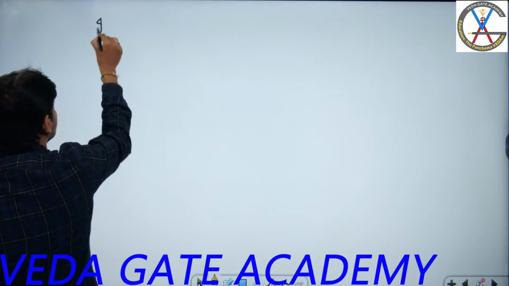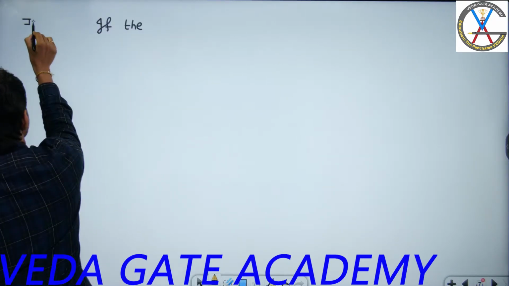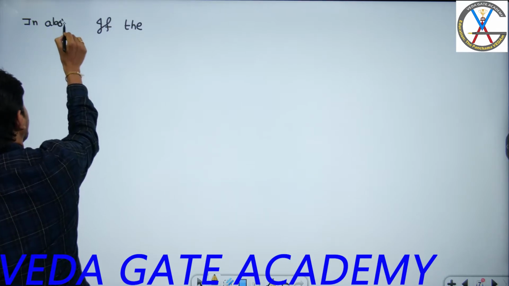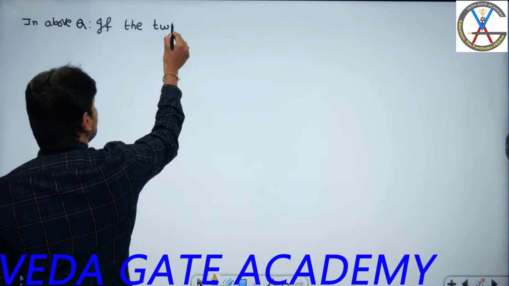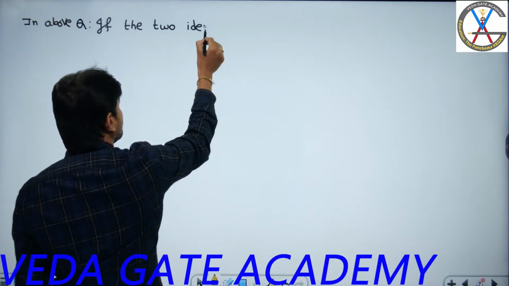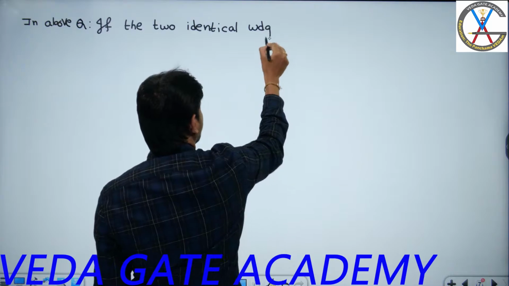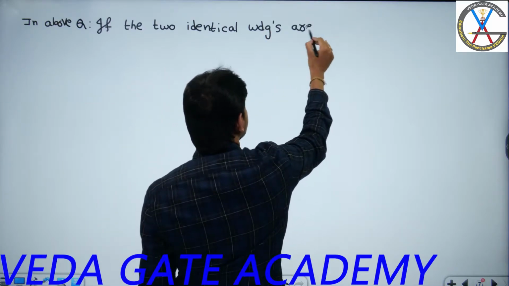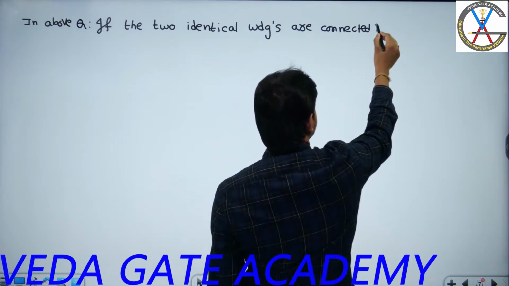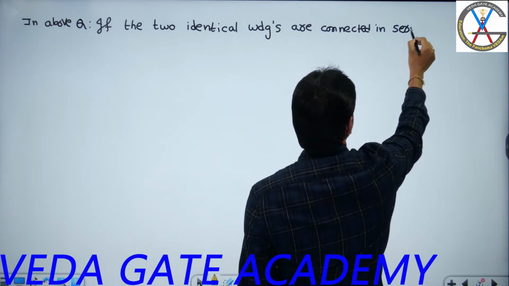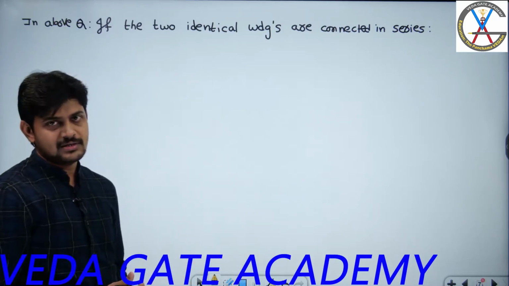Now, in the above question, if the two identical windings are connected in series, and after that one winding is removed, then what will happen to the new magnetizing current?